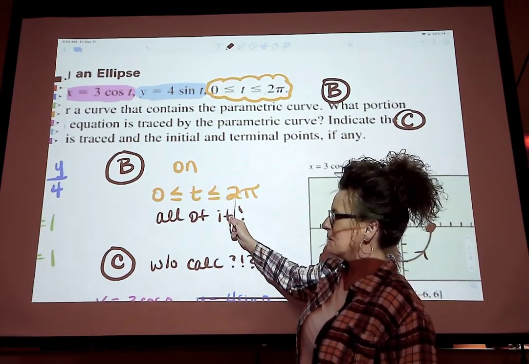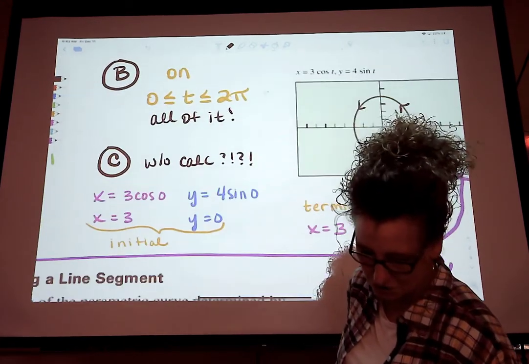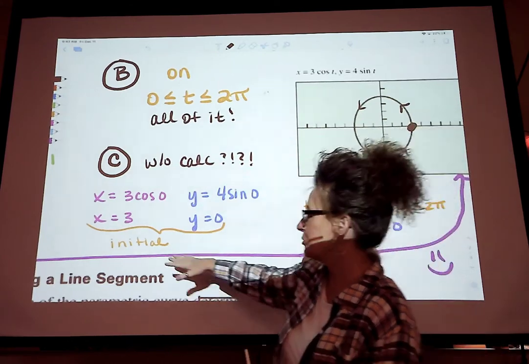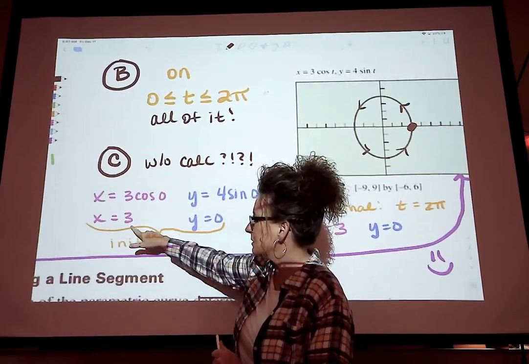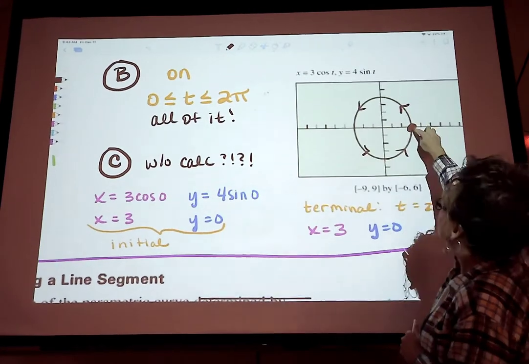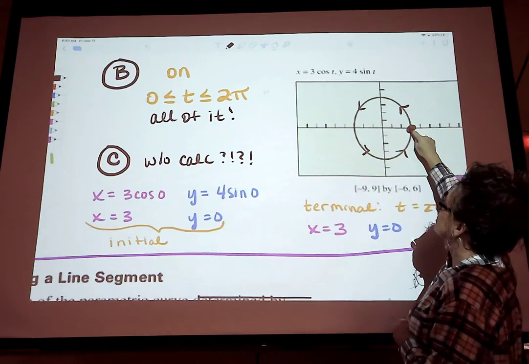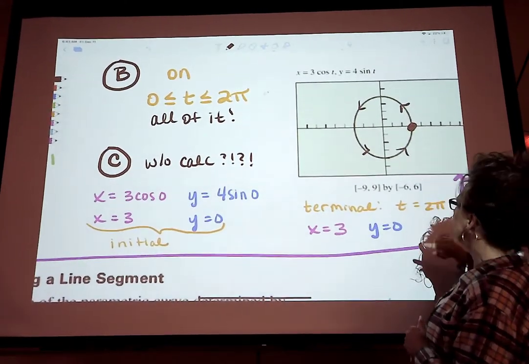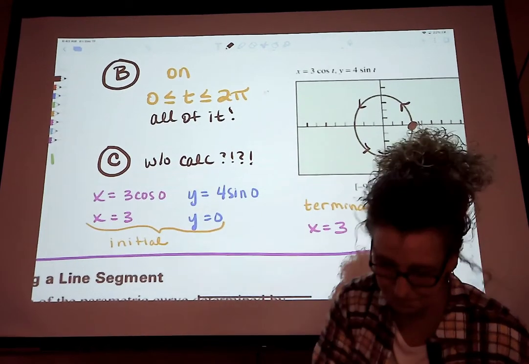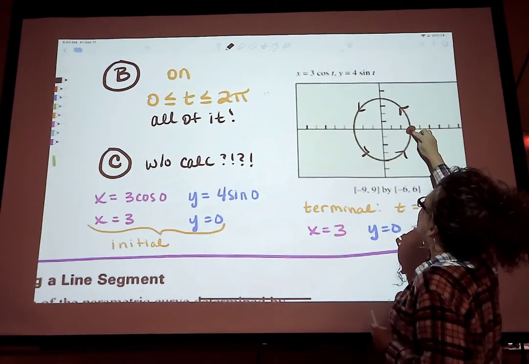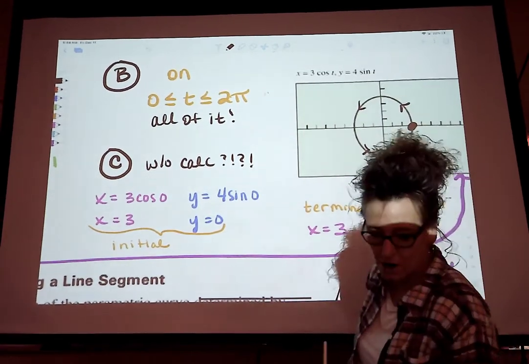I want to show you in a minute how to do this on your calculator, but let's go on to part C. I can do initial position, so plug in 0 for t. My initial position was 3, 0. Terminal position is 3, 0, so it's going to start here and it's going to end here. And again, to figure out which direction it's going in, if it goes this way, it's going to give you a positive y. If it goes this way, it's going to give you a negative y.